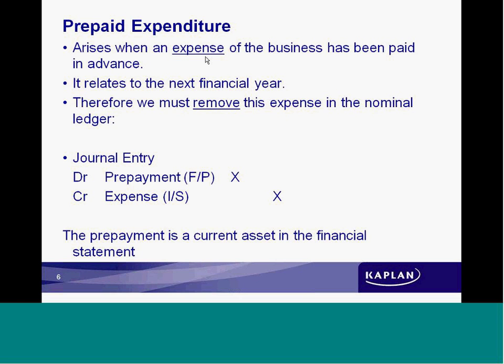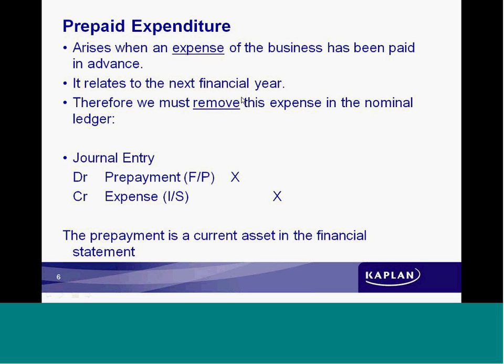And this is when we come back to the accrual concept, where we must match income and expense in the period it happens and not when cash exchanges hands. So all that's happened here is that the cash has exchanged hands, but some of that money that we've paid today actually relates to the next financial year.